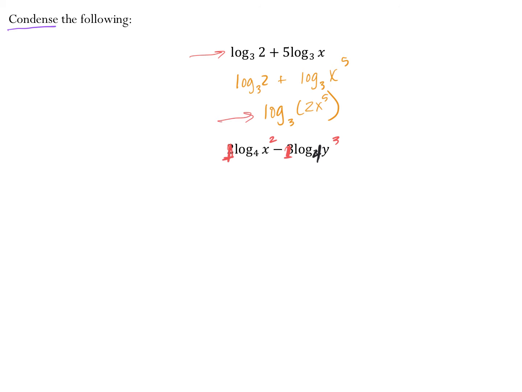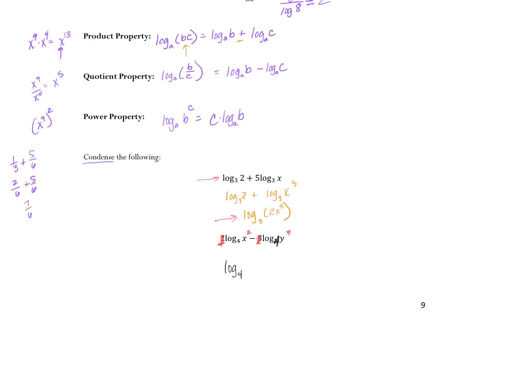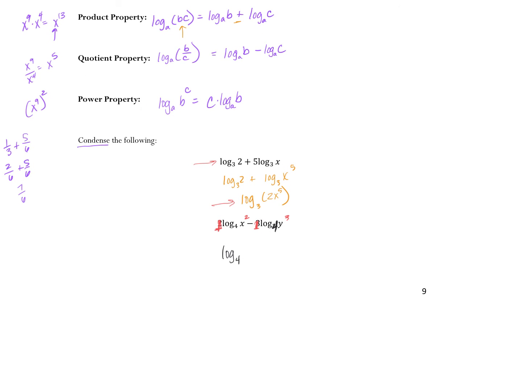Okay. So, my answer, if I'm subtracting, what does that say? Subtraction goes with quotients, division. So we're going to do log base 4 of x squared over y to the 3rd.